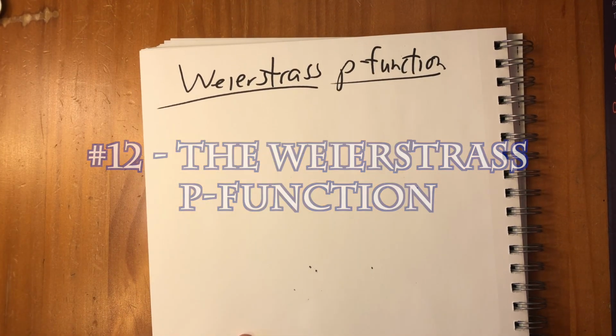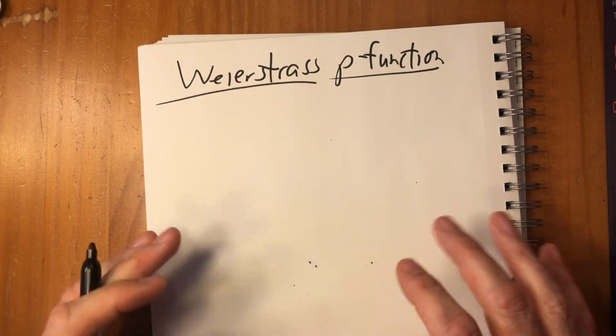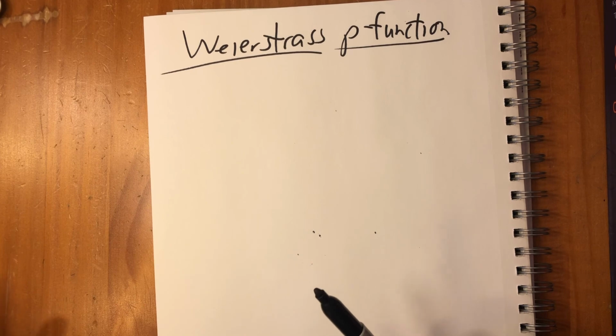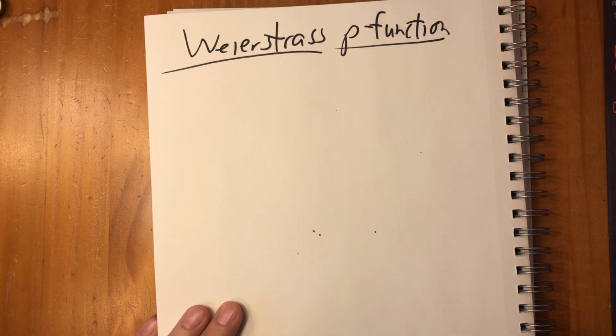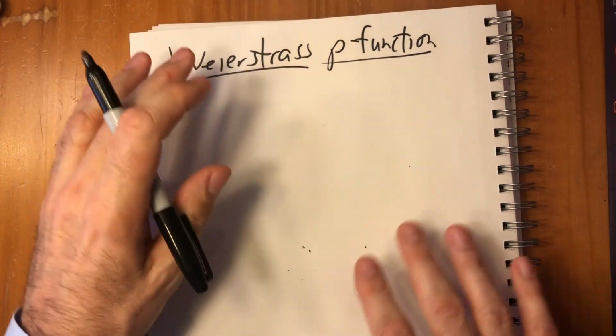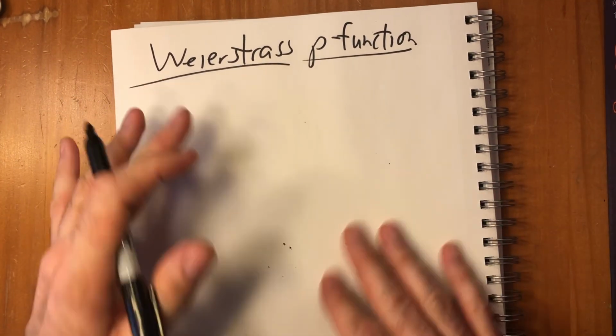So Weierstrass knew about these doubly periodic functions, and he wanted to encapsulate them, to see if he could find an example of the most basic kind of doubly periodic function.